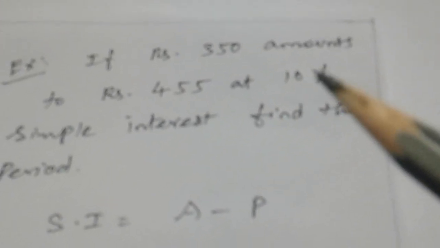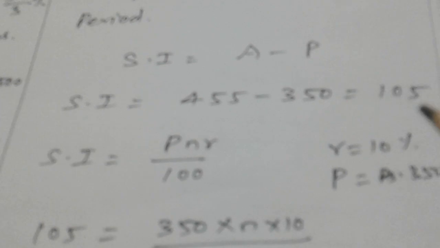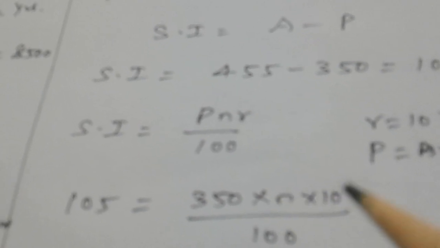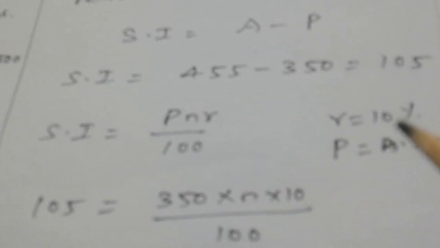We know the formula simple interest is PNR by 100. Here the rate of interest R is given as 10%, and P is also rupees 350. So put in the respective values: simple interest 105 is equal to 350 times n, which we want to find, times 10 divided by 100.